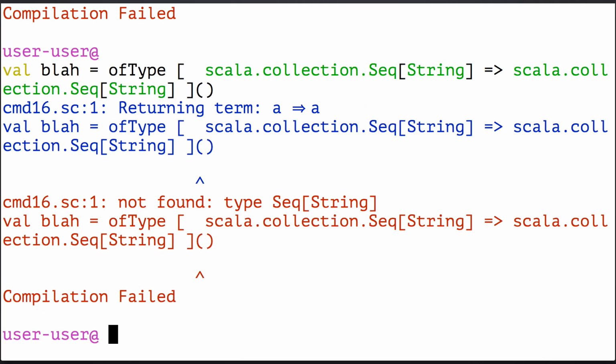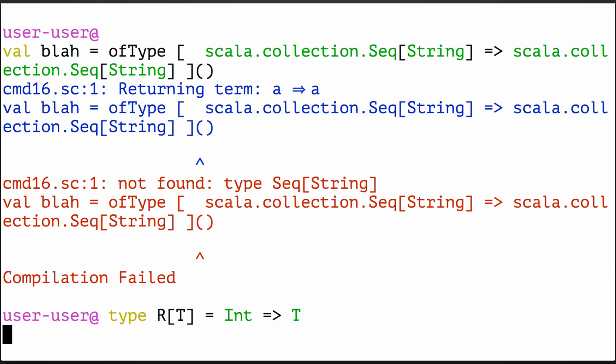I don't know why, but sometimes things don't work in Ammonite that work in the actual compiler. I will find out. This is perhaps too ambitious for this demo. But certainly parameterized types work if you define them. Let me see. This certainly works. For example, like this.